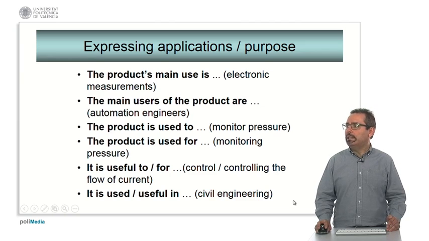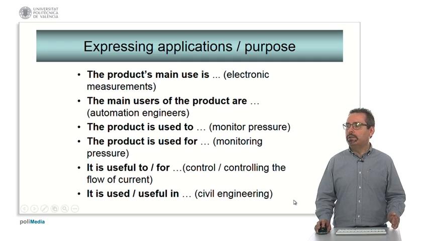Or we can use, in examples 3 and 4, a difference between 2 and 4. The product is used to monitor pressure, to plus the infinitive of the verb. Or the product is used for, in this case we use -ing, is used for monitoring pressure.